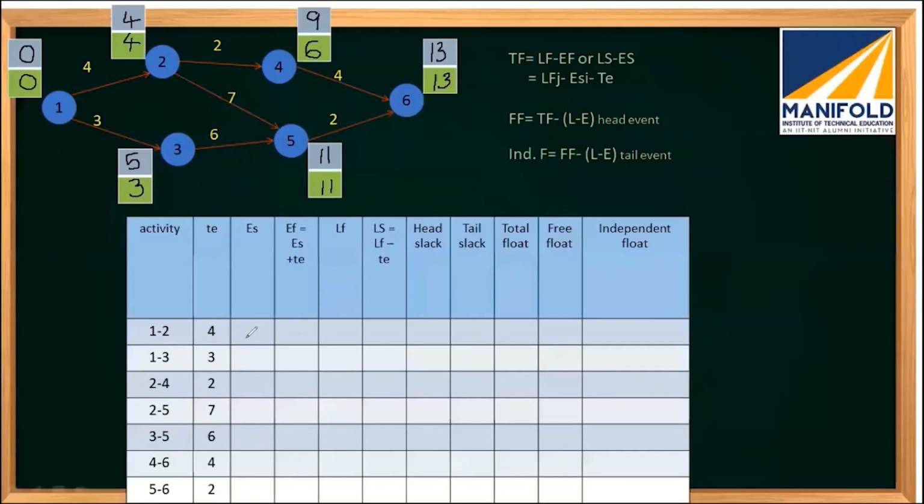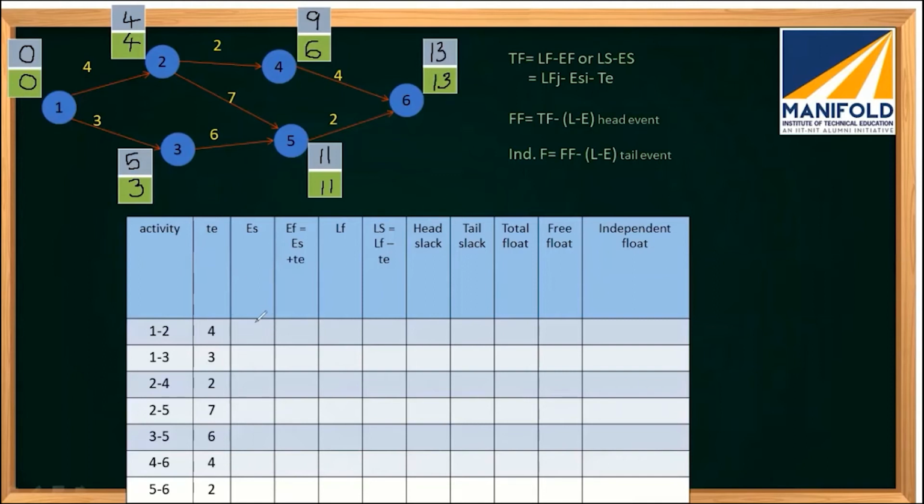First we will fill the earliest starting time, and see how to do that. It is very simple. Earliest start time for activity 1, 2 is the time of the starting node, so that is 0.